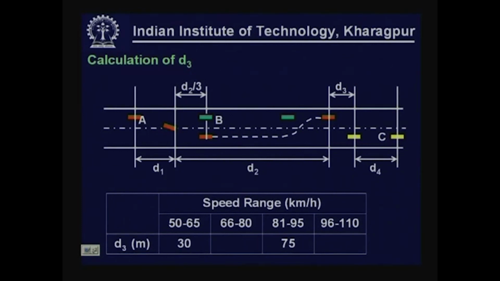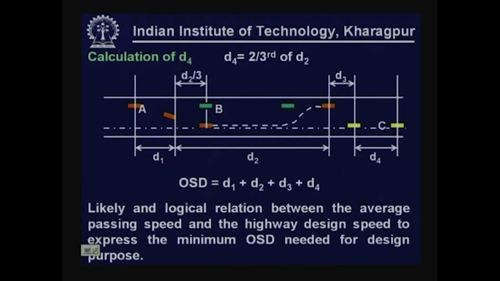Say, for example, for the speed range between 50 to 65 kilometer per hour, this clearance is suggested as 30 meter. Similarly, suitable values are suggested for different speed ranges. D4 is the distance covered by the opposing vehicle.